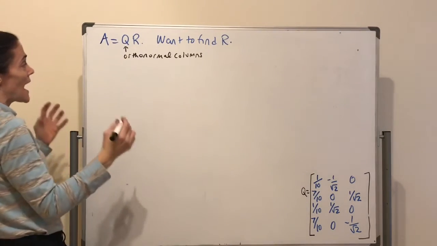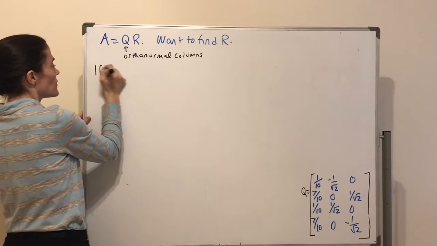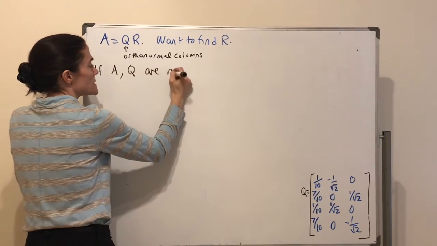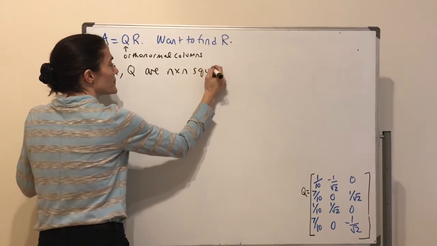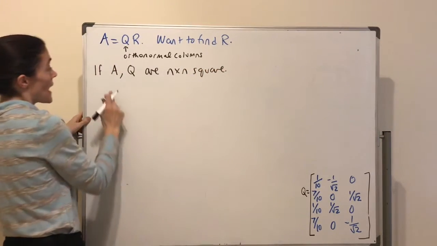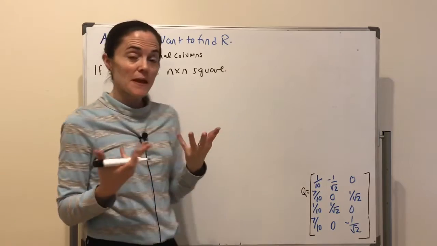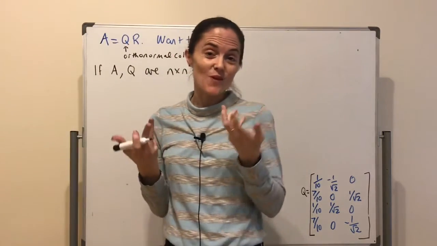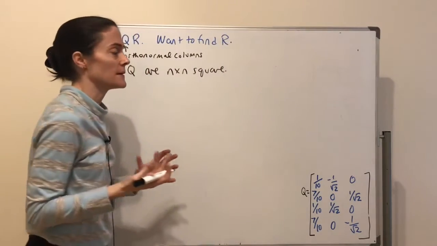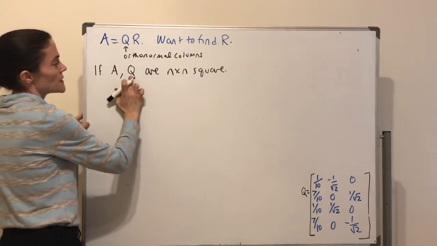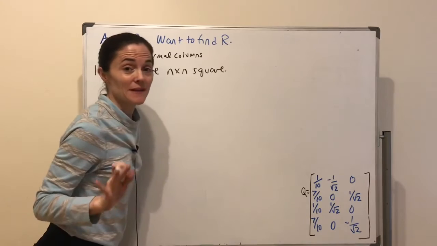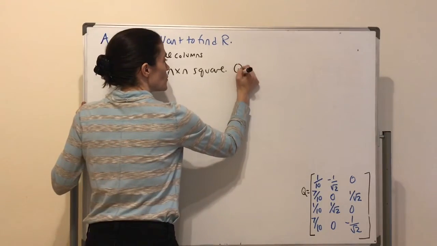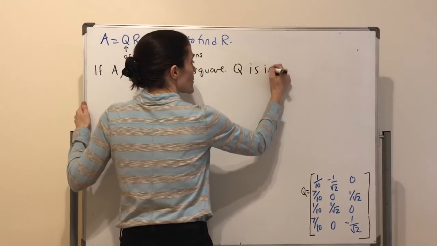So if A and Q similarly are, let's say, n by n square, then you would be starting off with a basis for Rn, and Q is now an orthonormal basis for Rn. In particular, Q is a square matrix with linearly independent columns. So you would get Q is invertible.